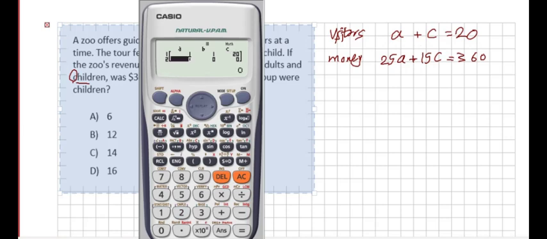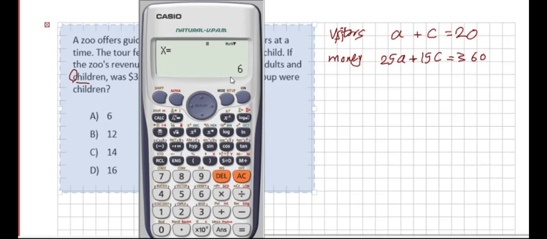Then we press equals to go to the second line, which contains 25, 15, and 360. 25 equals 15 equals 360, because we write the money in the second line, and then press equals to get the value of A, which represents X. So X here is 6.